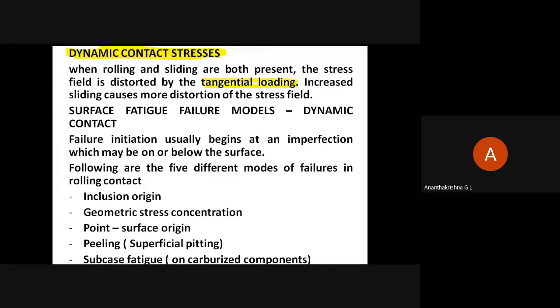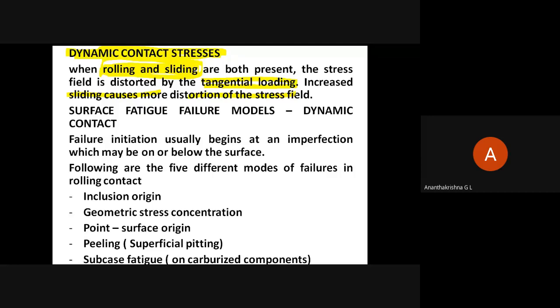What is an example of both rolling and sliding? The best example I normally give is the tire on a road surface. It is rolling about its own axis and also sliding, that is, moving forward. So you have both translation and rotation. Increased sliding will cause more distortion of the stress field.